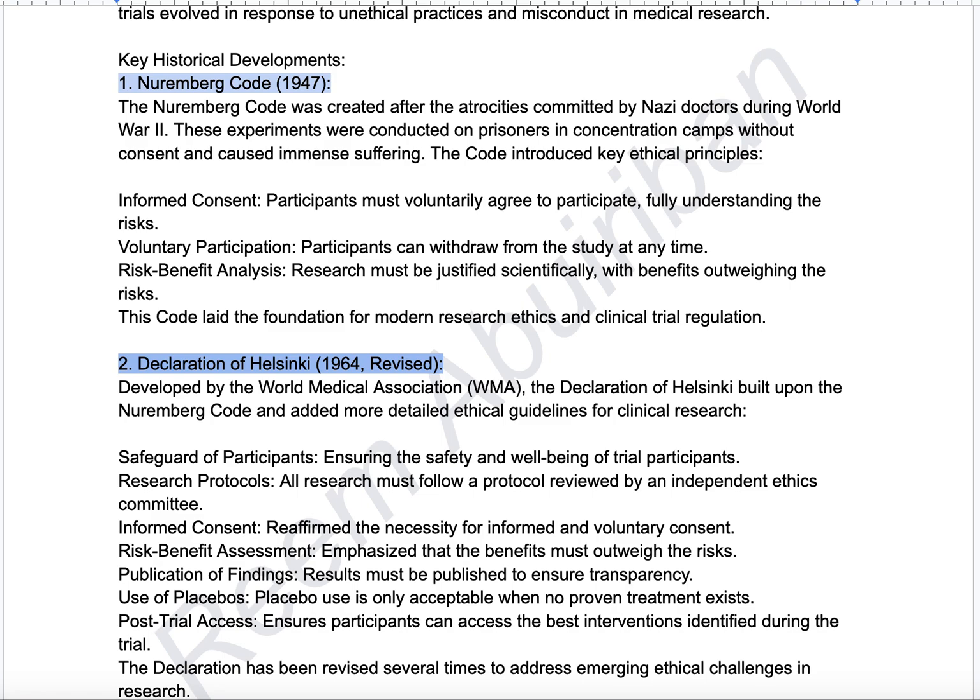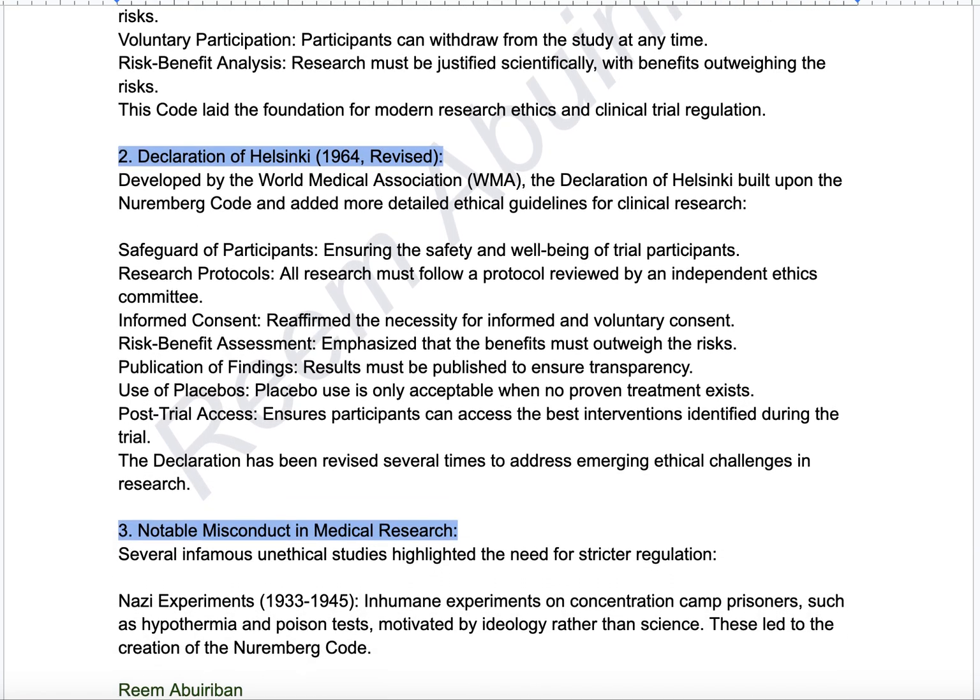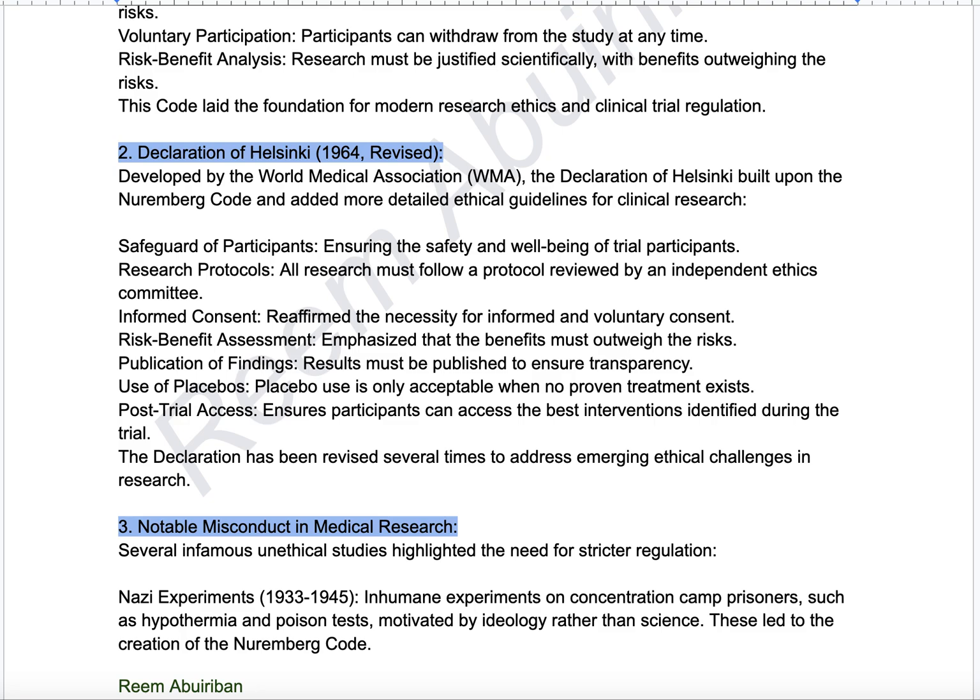Second, the Declaration of Helsinki. It was in 1964 and it has been revised. Developed by the World Medical Association (WMA), the Declaration of Helsinki built upon the Nuremberg Code and added more detailed ethical guidelines for clinical research.